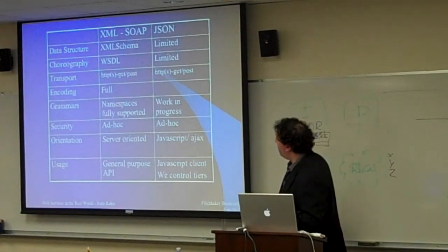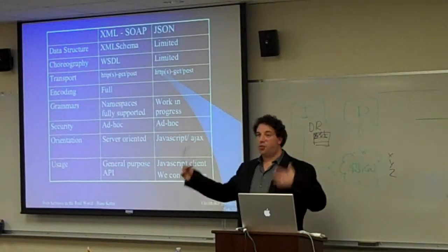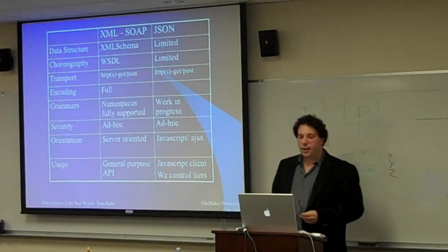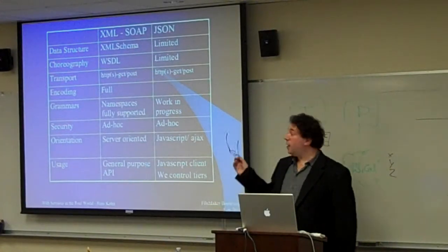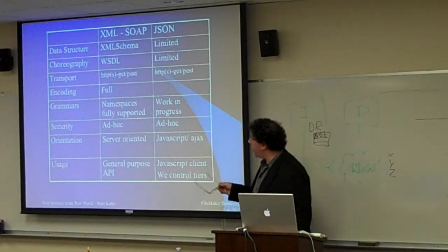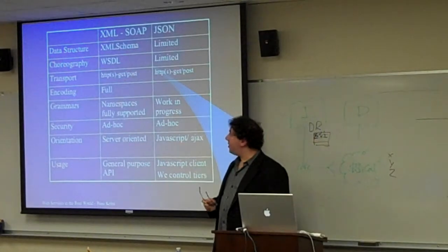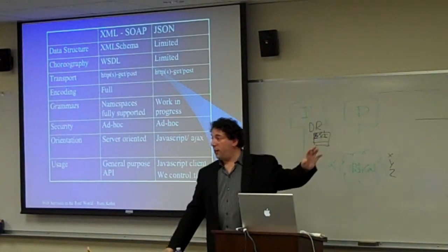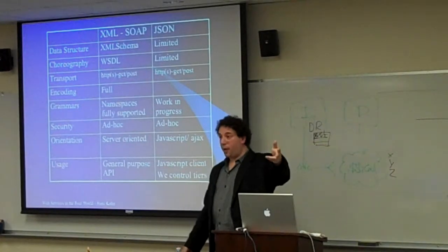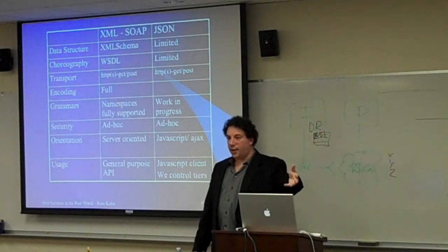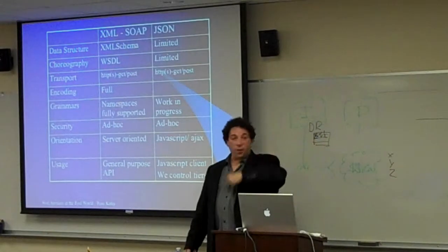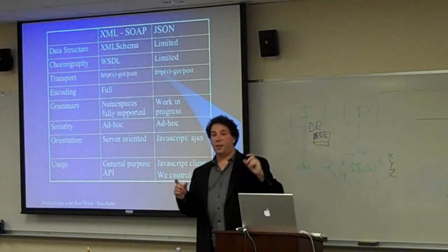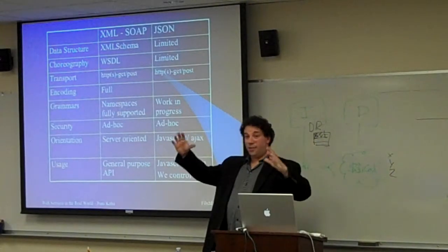I'm going to talk for a minute comparing SOAP and JSON because these are the two current popular ways of exchanging data. For structure, the formal specification for SOAP uses XML schema. Do you remember that slide I had a few minutes ago that said, hi, I'd like my credentials, here are your credentials, hi, I'd like to get a list of my open orders, here they are? For each one of those messages, there would be an XML schema document that says, this is what the request needs to look like.